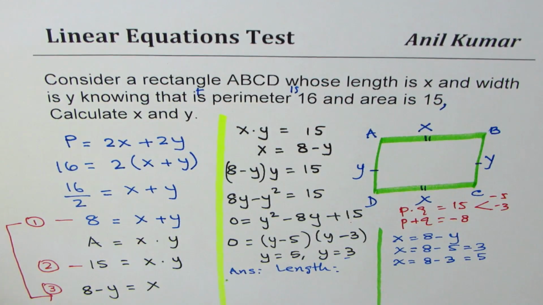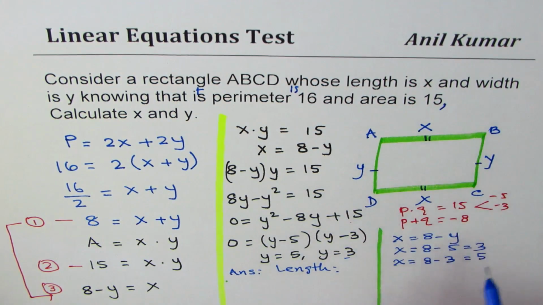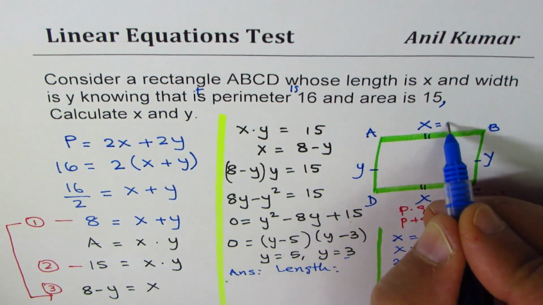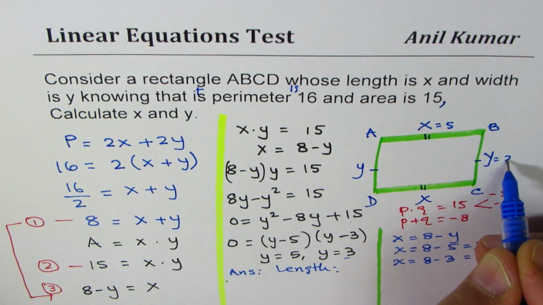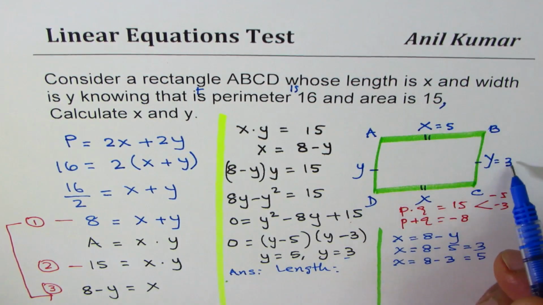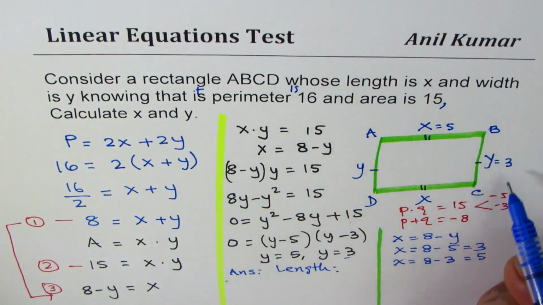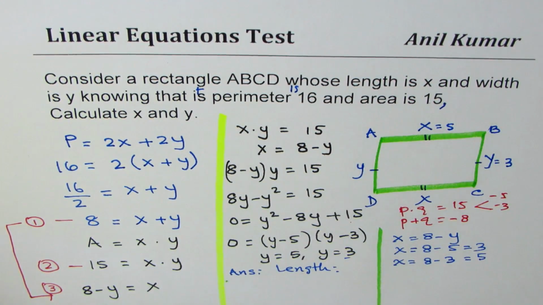So any combination. Since I want to write longer for length, just is my preference, right? We could say x is 5 and y is 3. If you add, 8 times 2 is 16. If you multiply, 15. So we know that that's the correct answer.